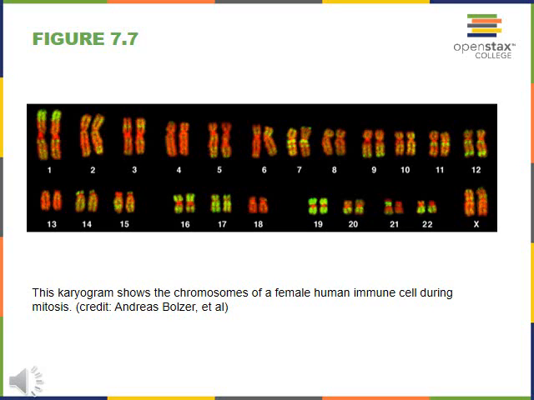Even though these karyograms only show 1 through 22, plus an X or an XX or an XY, it's not going to be 22. The answer is 23. We have 22 pairs of somatic chromosomes, and then we have one pair of sex chromosomes.